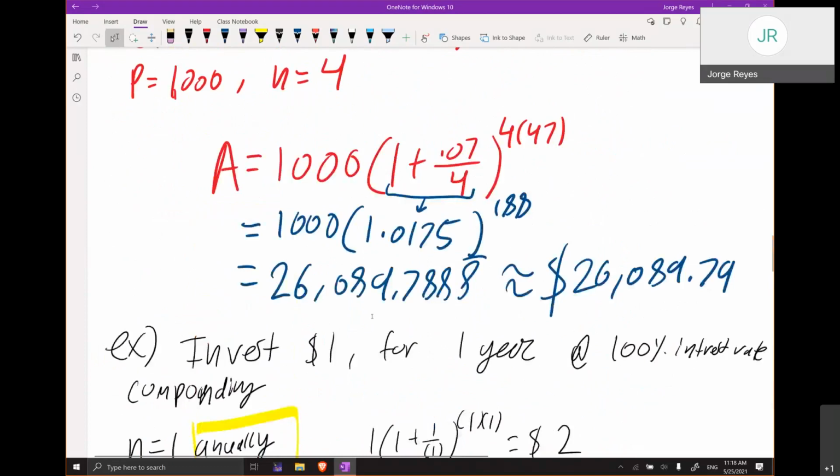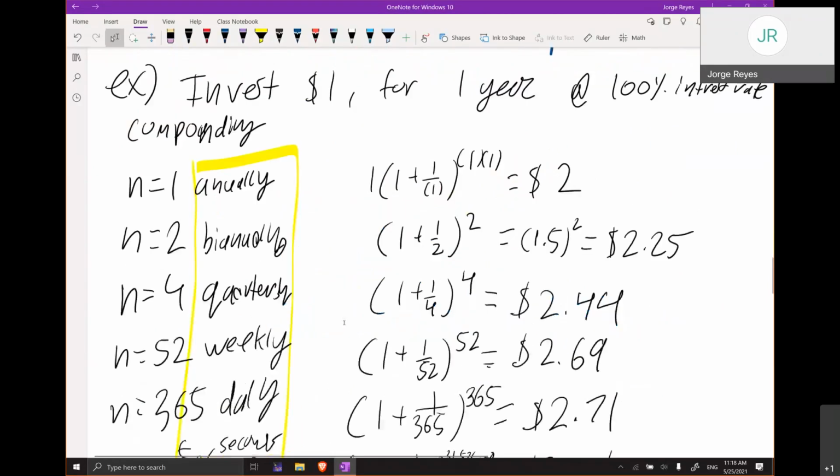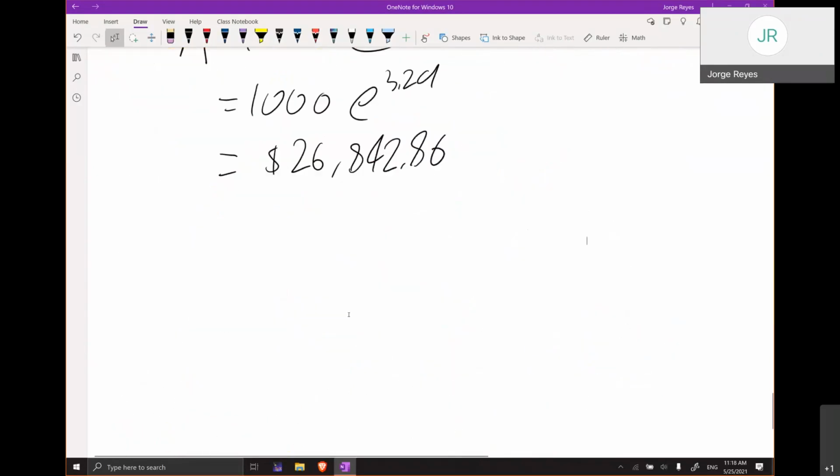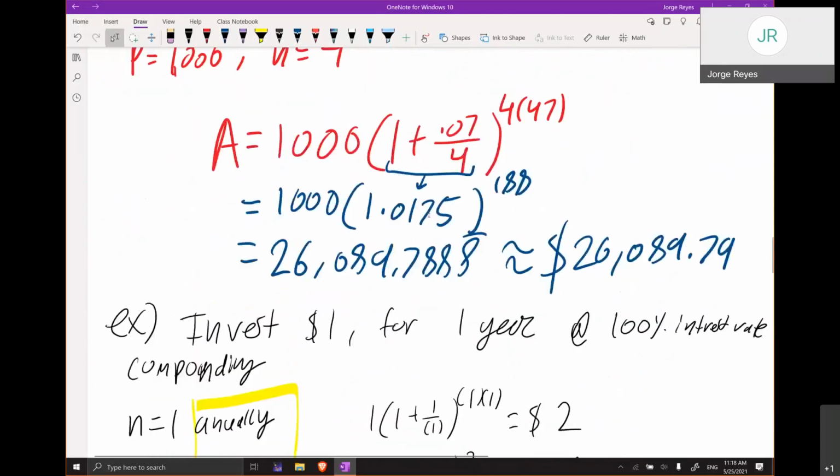And we go up to the old example, this is 26 and 89. So literally, that's like an extra $800 if you compound continuously as compared to compounding quarterly, okay?